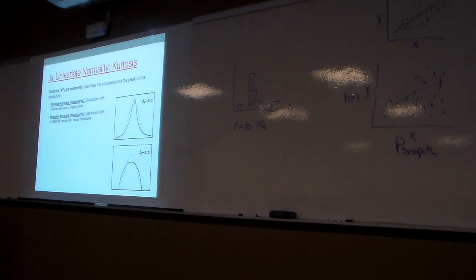It's got a narrow top, heavier tails. As the degrees of freedom increase, the T distribution becomes asymptotically identical to a normal distribution, right?